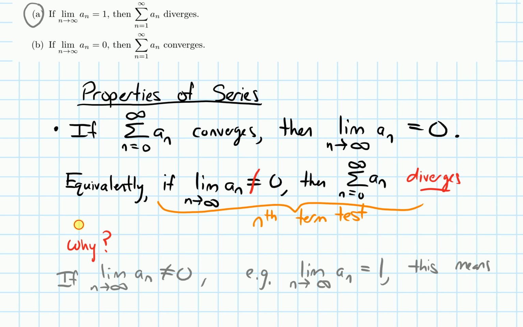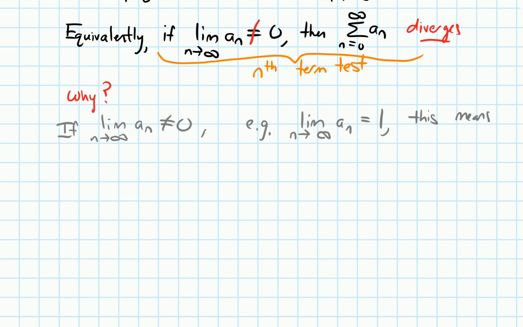This would mean that for the series from n equals 0 to infinity of a sub n, if I start to write out the terms, I'll get a sub 0, plugging in n equals 0, and then a sub 1 from plugging in n equals 1, plus a sub 2, and so on and so on, plus dot dot dot. But eventually, at the end, I'll get some terms that get really close to 1.